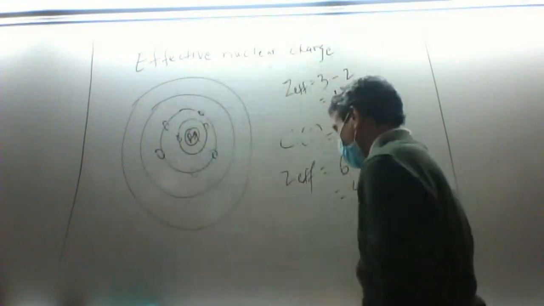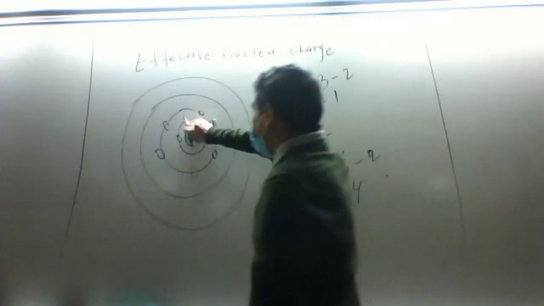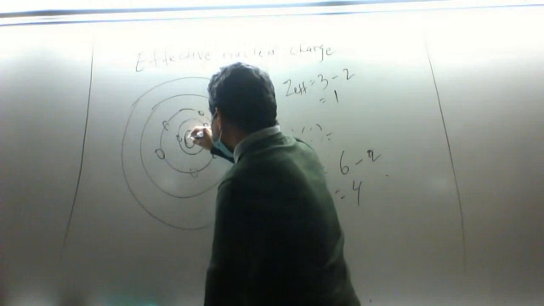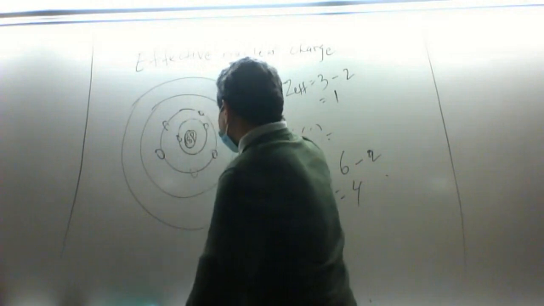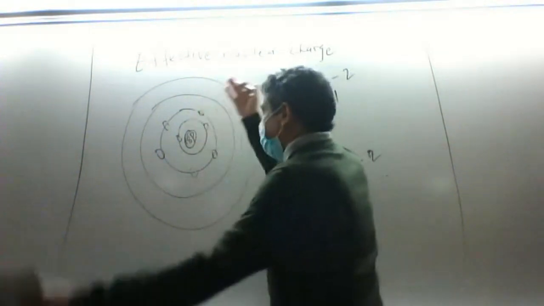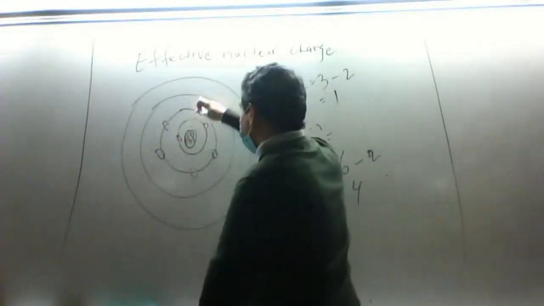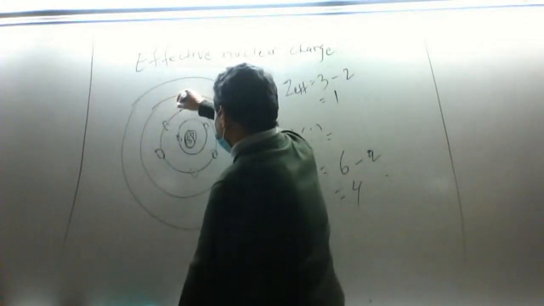Same, just keep going and put 8 here. 8 is oxygen. So there are 8 protons. Then the electrons are also 8, right? The number of protons and the number of electrons are the same. So 2 are already there, then 1, 2, 3, 4, 5, 6.